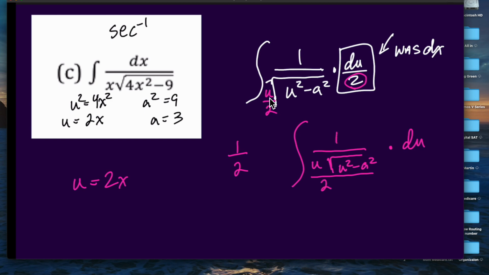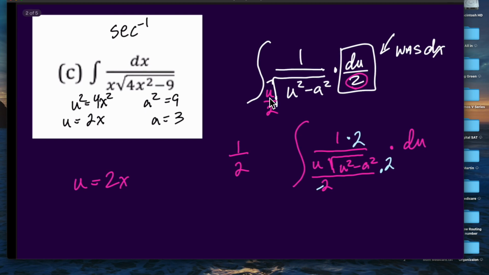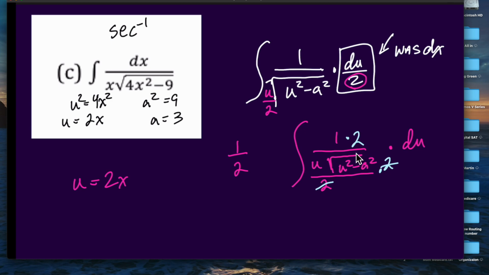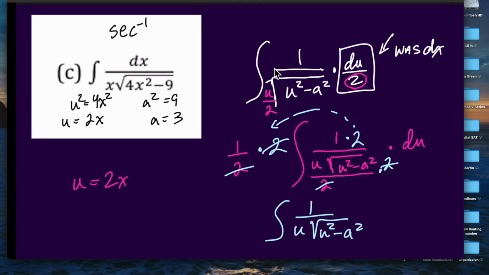The way I'm going to handle this is I'm going to simply multiply top and bottom by 2. That's going to result in this canceling out with a 2 up top, and then I'm going to bring that 2 out front. These are going to cancel, and we're going to be left with this final integral, which is very inverse secant friendly, times du.